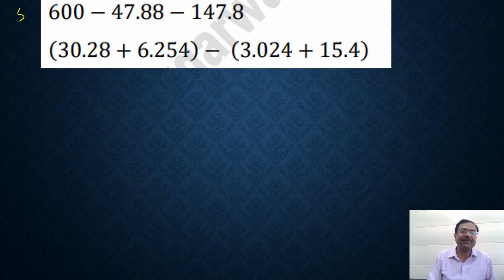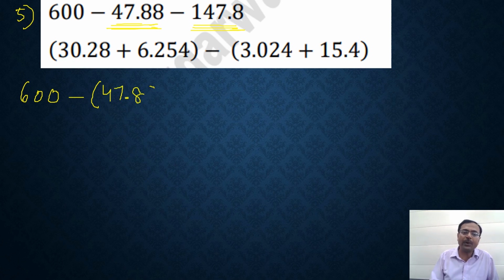This is question number 5, subtraction now. Here there is a round figure quantity 600, and we need to subtract two numbers from this, 47.88 and 147.8. So you add 47.88 and 147.8, and whatever you get after addition, you subtract from 600.